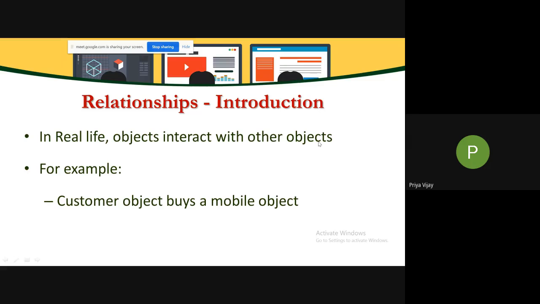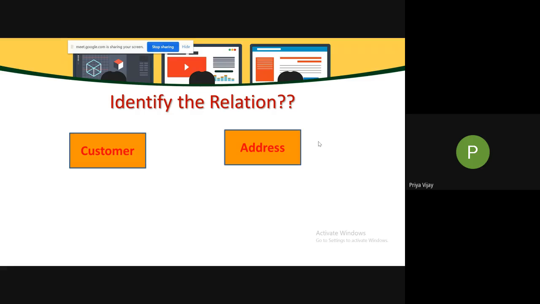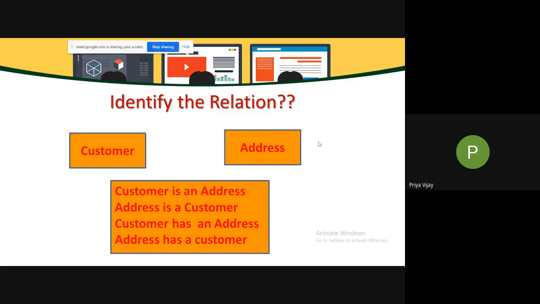Your customer is going to buy a mobile object. Your customer can have an address, so your customer has an address. If I go for customer, I will have a lot of properties: name, phone number, address. So address is one of the properties inside my customer.